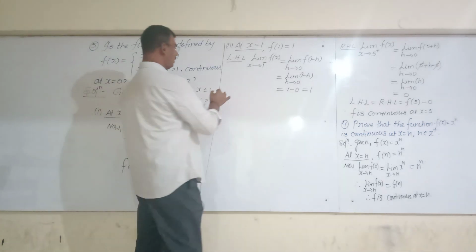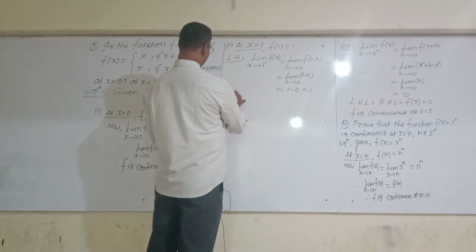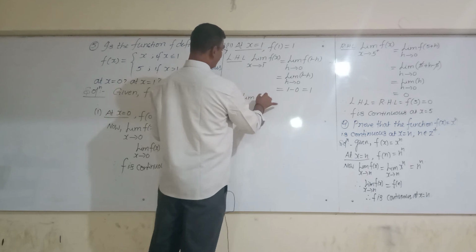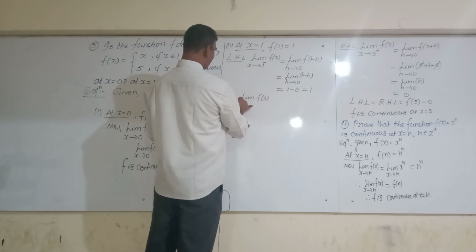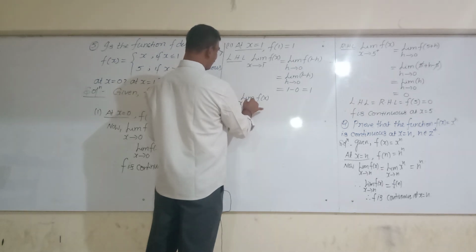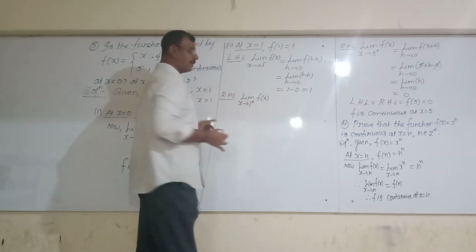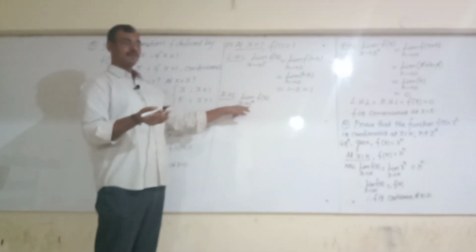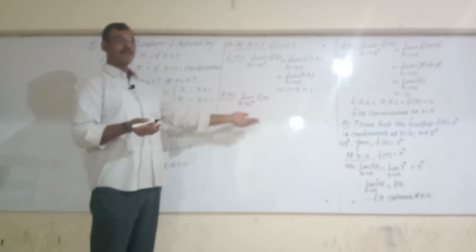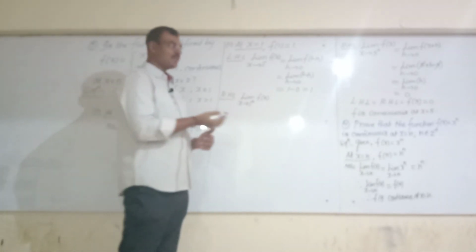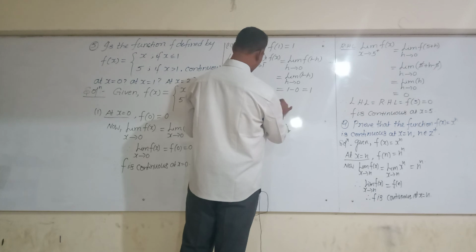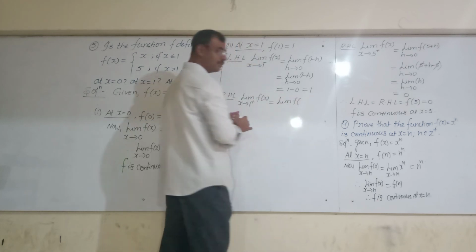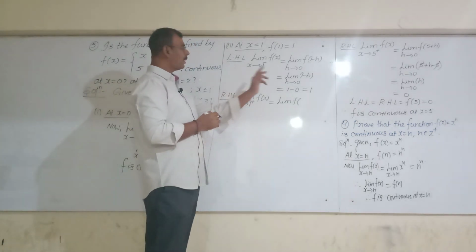Then the right hand limit condition, or RHL. Limit of f of x as x tends to more than 1, I will represent it as 1 plus. 1 plus represents more than 1. Now I can change this value, also I can write the same number: limit of f of 1 plus h.